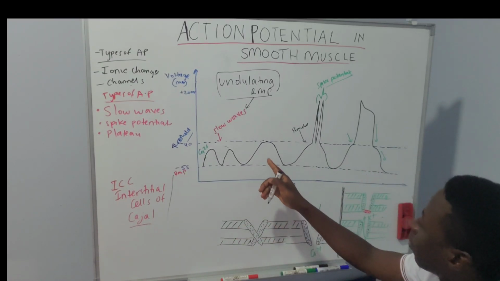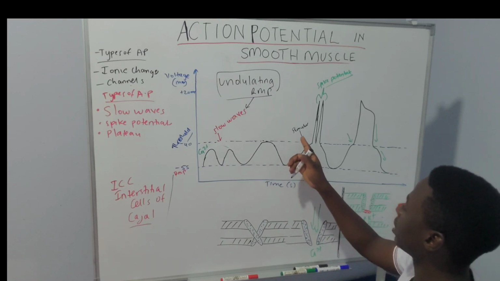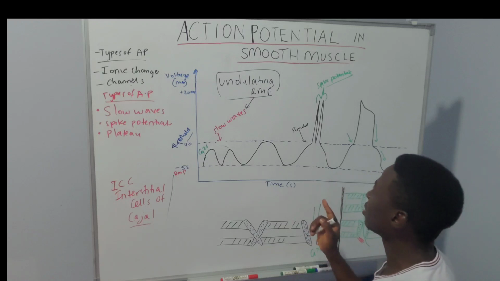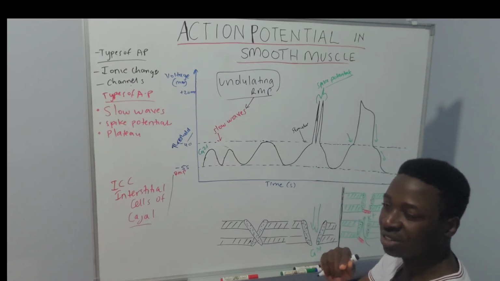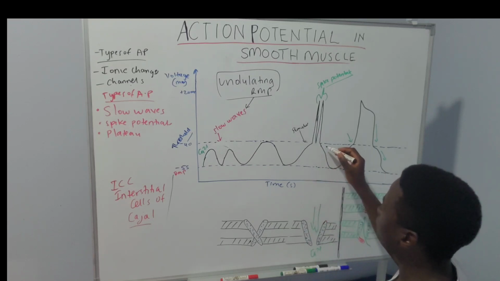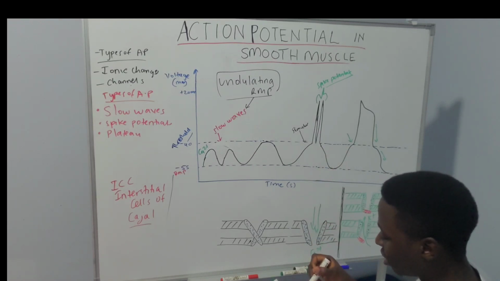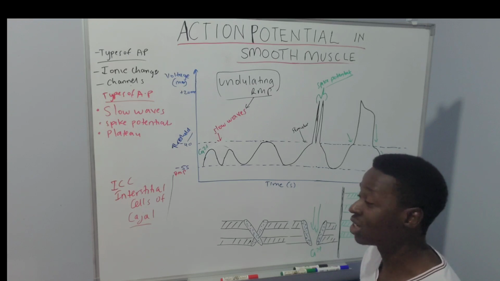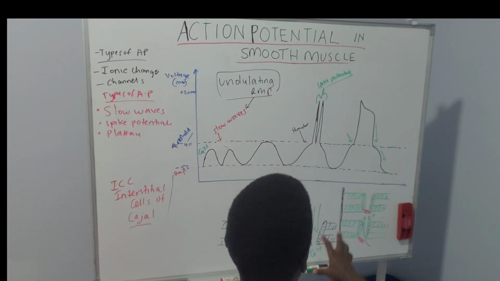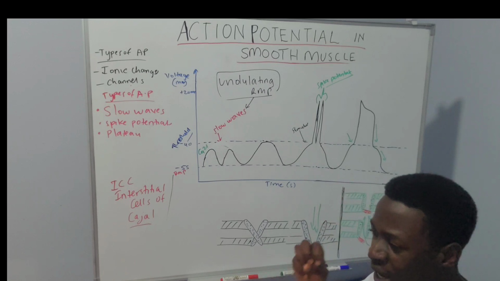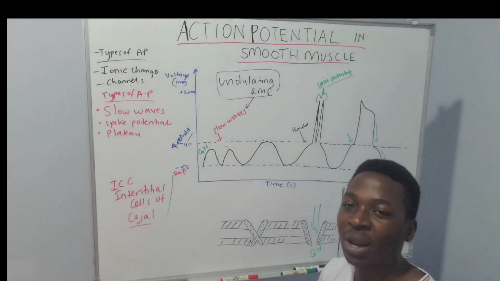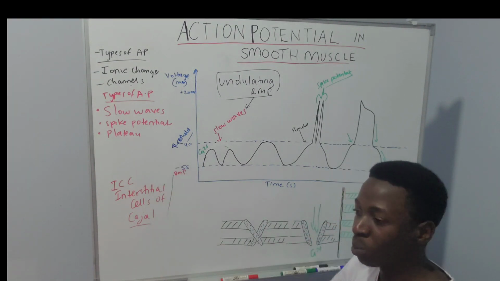When the membrane is stimulated with the appropriate stimulus that raises the potential to the threshold, it causes a rapid depolarization phase, characteristically called spike potentials, which eventually repolarize by the opening of voltage gated potassium channels, just like we talked about in the other action potentials. Peculiarly, some rare smooth muscle cells can also exhibit a plateau, or what we call plateau potentials.